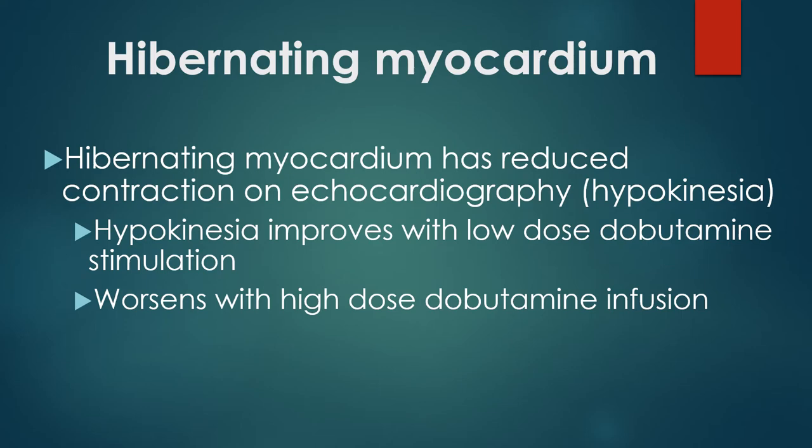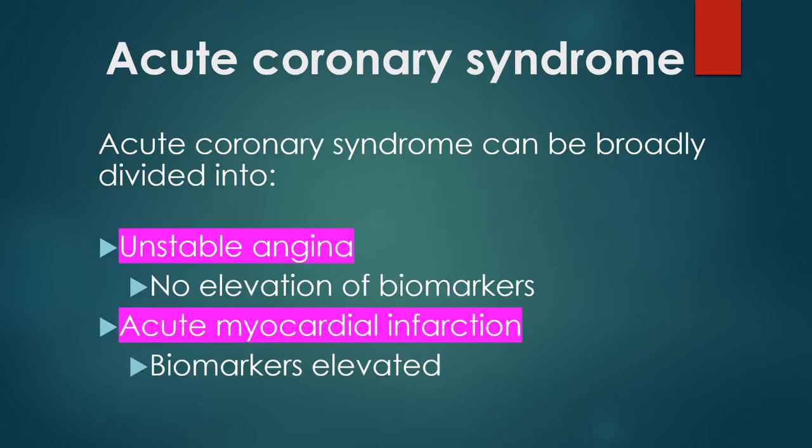Acute coronary syndrome can be broadly divided into unstable angina and acute myocardial infarction. In unstable angina, there is no elevation of biomarkers of myocardial necrosis, while it is elevated in acute myocardial infarction.